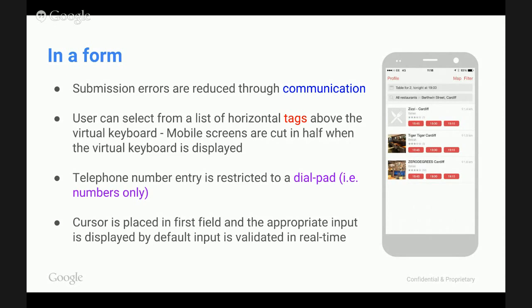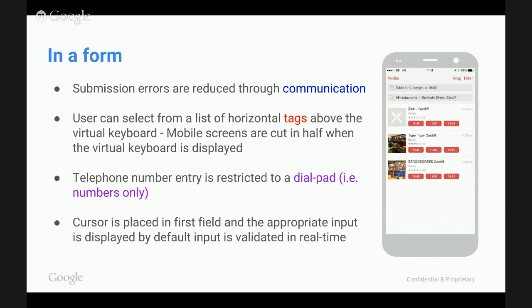Then again, don't forget that when you have the virtual keyboard, it takes half of your screen. So it's crucial to use the right input types, and horizontal tags. A telephone number may sound obvious, but we saw many cases where clients would use letters as well, not only numbers.